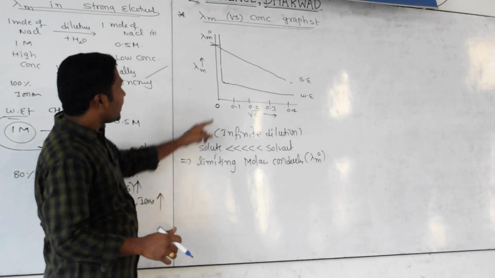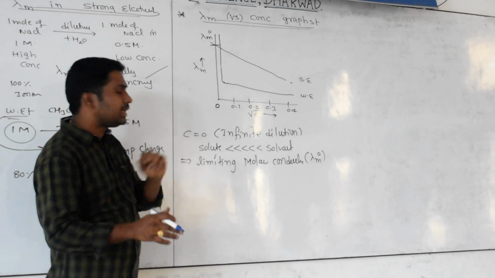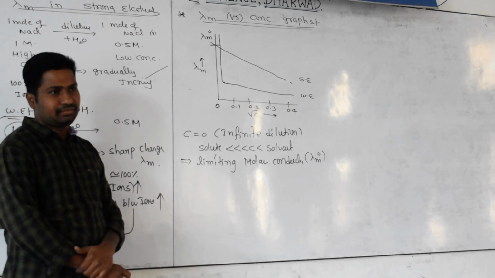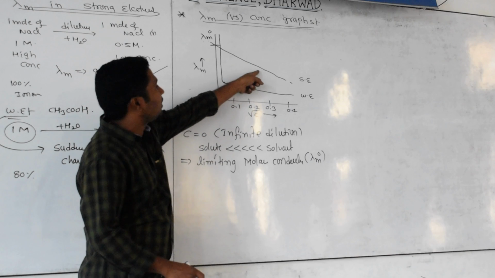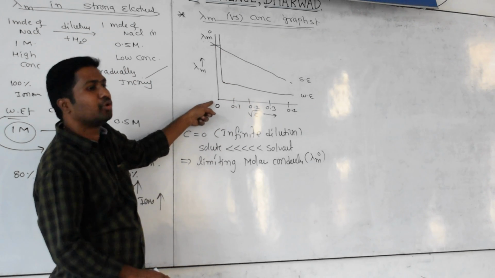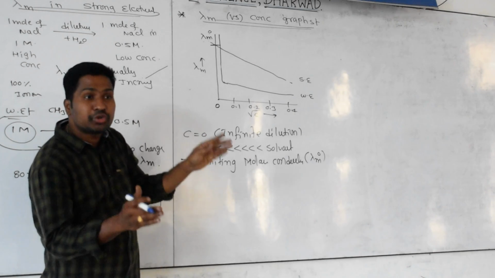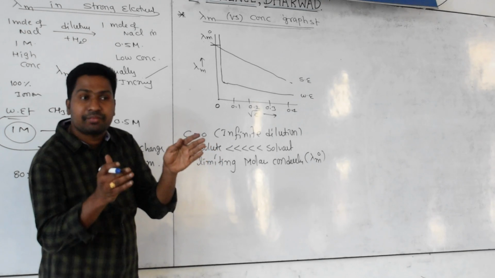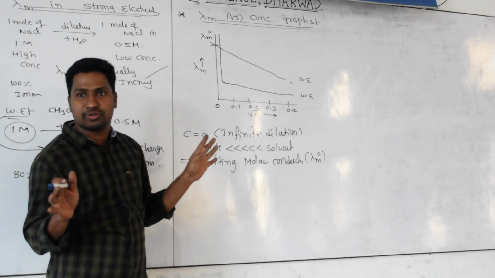My question: from the graph, for which type of electrolyte can we get the limiting molar conductivity? The strong electrolyte. Why? Because if you extend the strong electrolyte graph, it will intersect here. That intersecting point is the molar conductivity at zero concentration, which we call the limiting molar conductivity. Is it possible to find the limiting molar conductivity for weak electrolytes from the graph? Never, it's not possible. Why?